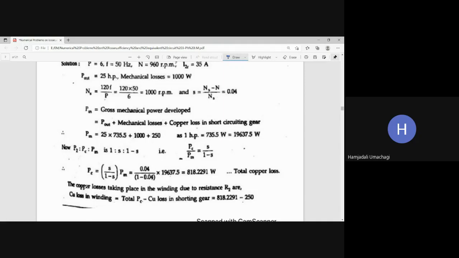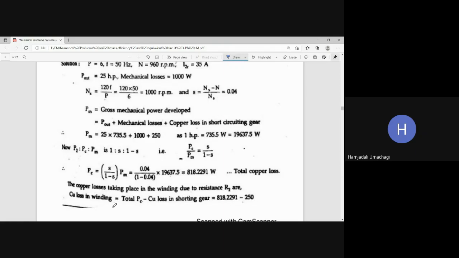Okay, now here the statement given is the copper loss taking place in the winding due to resistance R2. Copper loss in the winding is total Pc minus copper loss in the short circuiting gear. So here this is the total copper loss, but they also have given the information regarding copper loss in the shorting gear. You should deduct this copper loss in the shorting gear, then we'll be getting the copper loss in the winding itself.